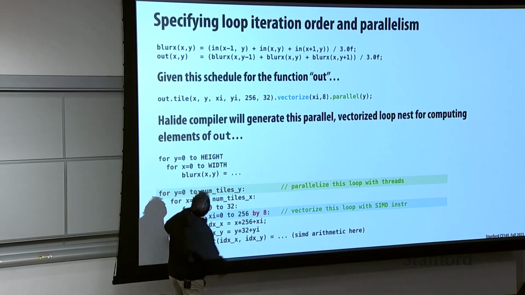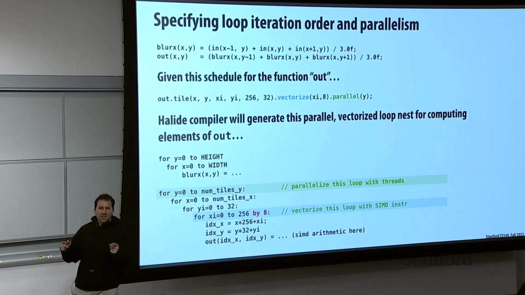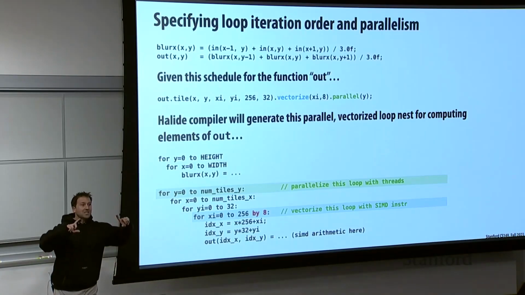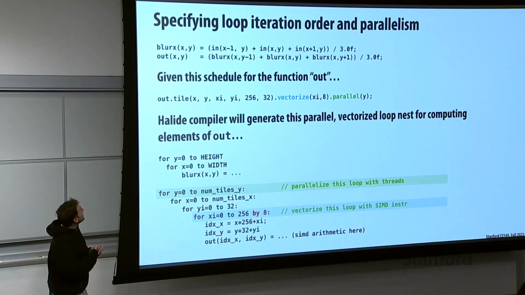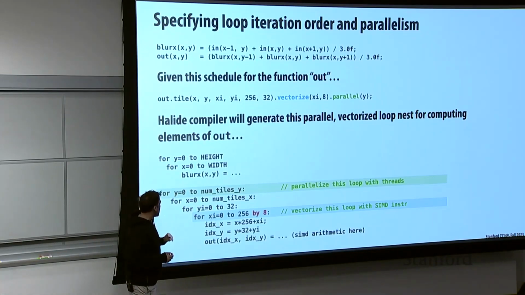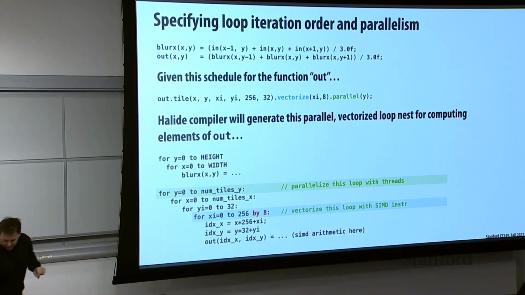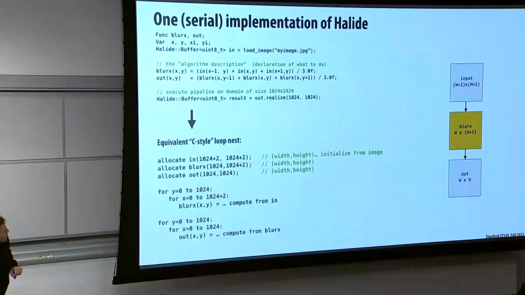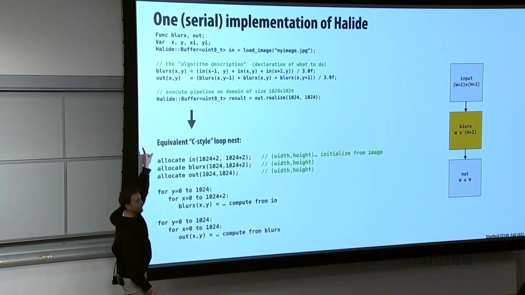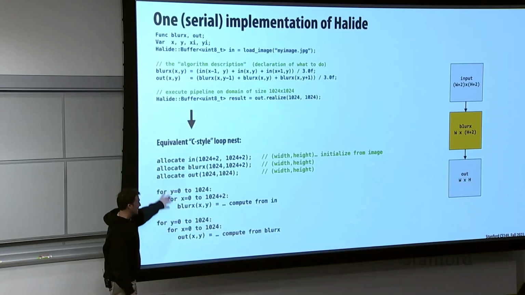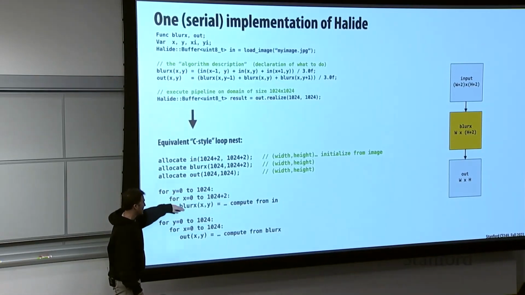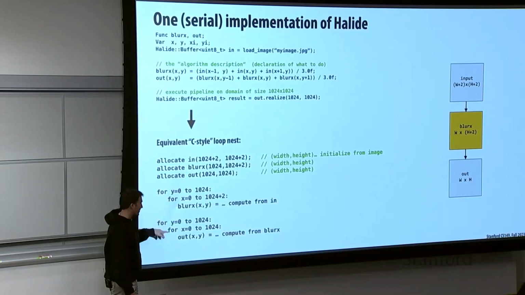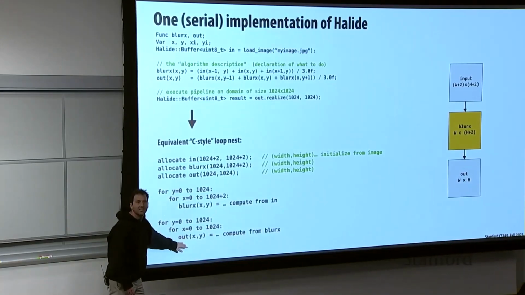And then, you can think about every one of these Halide schedule statements as actually manipulating a loop nest that exists in the program. By default, we had a loop nest which looked like this. If that was the program, Halide had this loop nest, which was for all xy, create blur x, and then for all xy, create out.